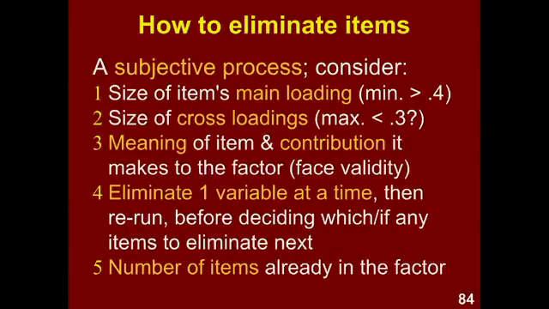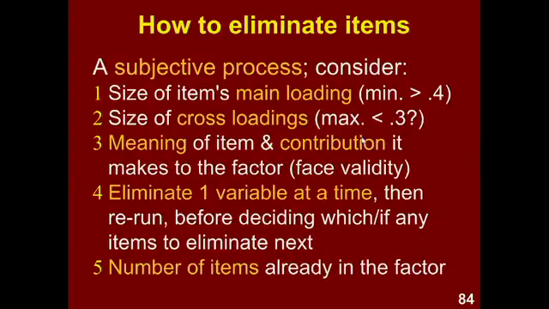So when we were looking at the factor loadings, we're starting to talk about why you would eliminate an item. You might set some sort of minimum loading for the main target, whether it's 0.4, 0.5, 0.6, somewhere in there. You might consider what the maximum cross-loading is that you're prepared to tolerate.